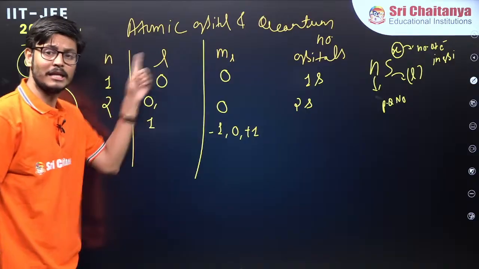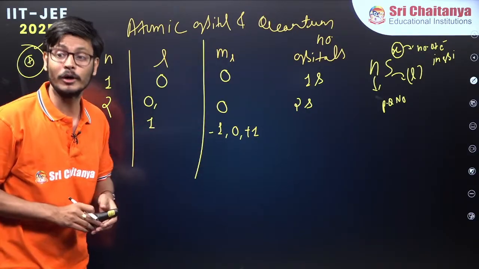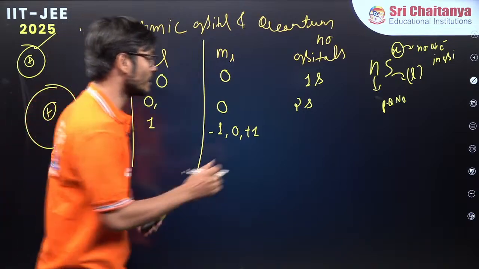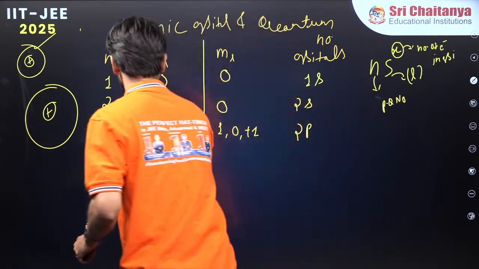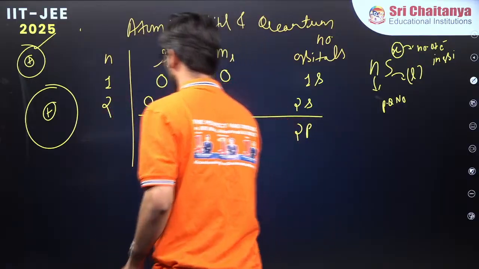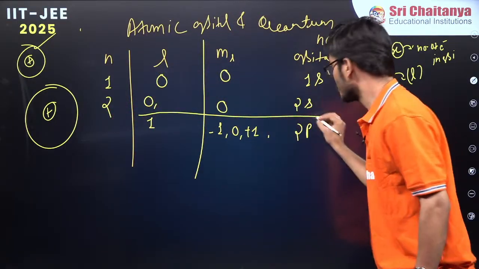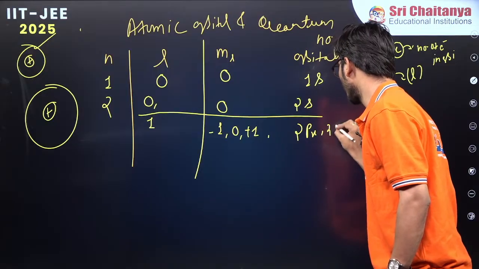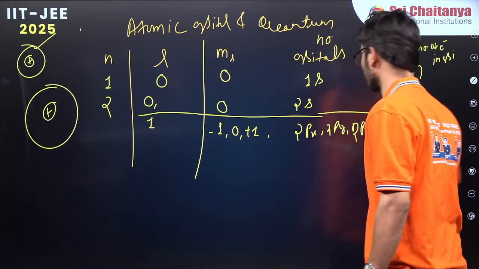For the L equal to 1 subshell, we have 3 orbitals. How do we represent them? This is 2p. I hope this is clear to everyone. So 2p, 3 orbitals: 2px, 2py, 2pz.